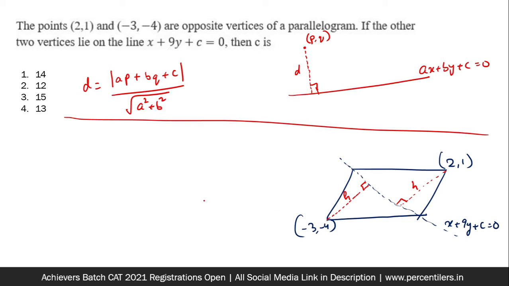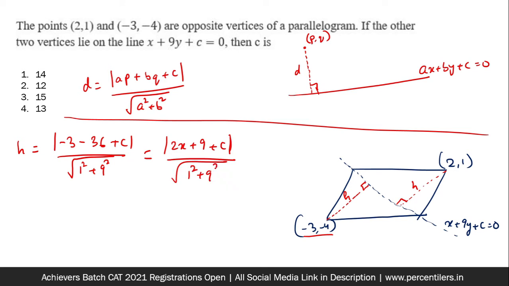The distance h from the point (-3, -4) to the line x plus 9y plus c equal to 0 would be mod of minus 3 minus 36 plus c over under root 1 square plus 9 square, which is also equal to this h, which would be 2 plus 9 plus c over the same denominator. Now if you solve this, you're going to get mod of c minus 39 is equal to mod of c plus 11.